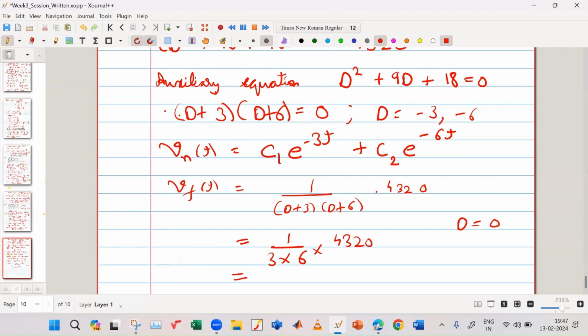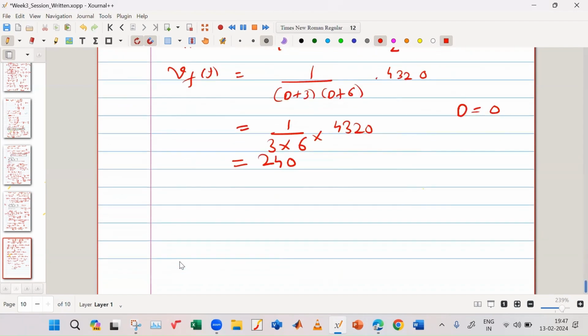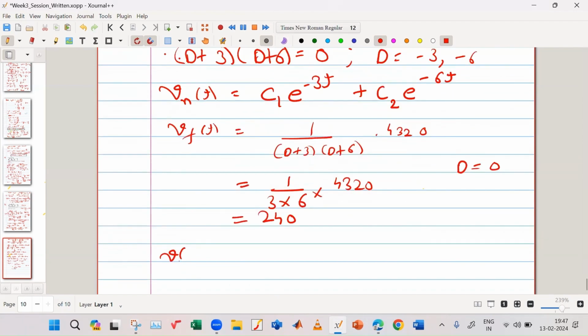That is equal to 240. So my final equation of V of t is equal to C1 e raised to minus 3t plus C2 e raised to minus 6t plus 240. This is my V of t, equation 3.